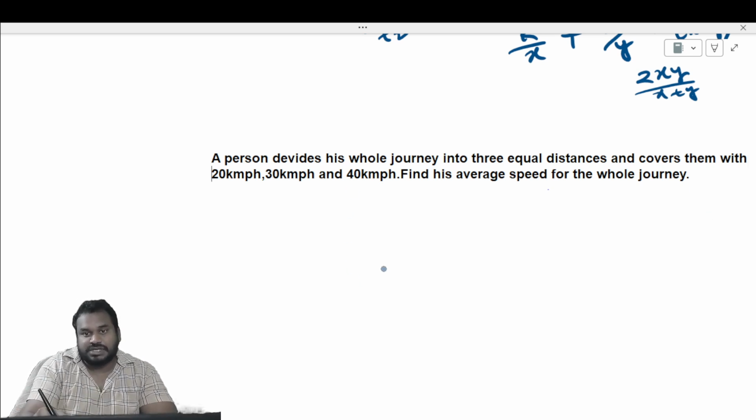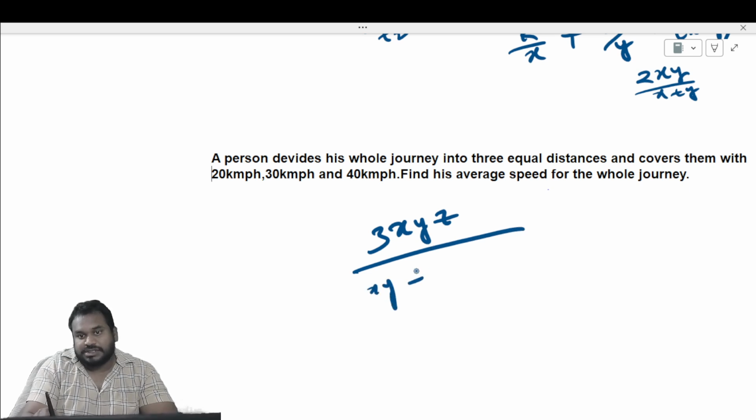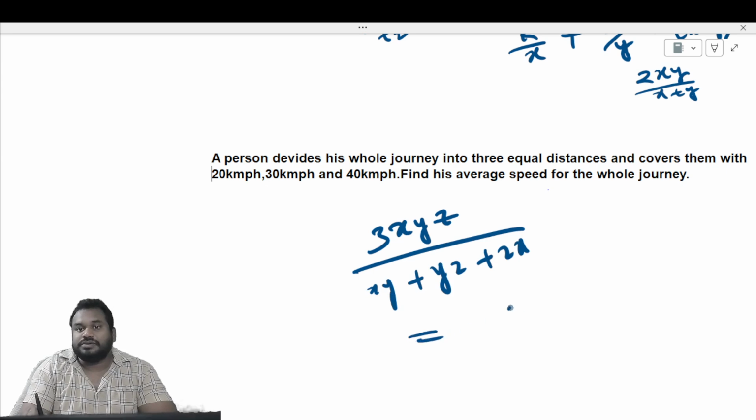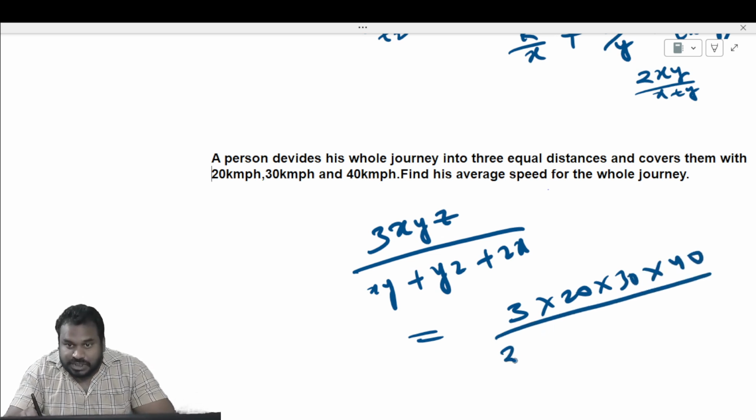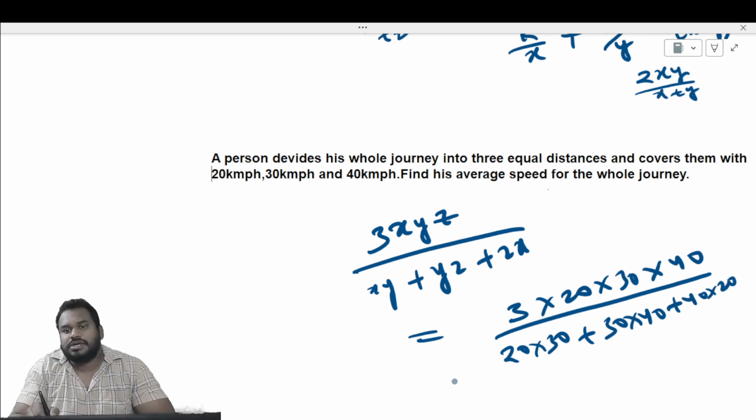For this, there is a formula, that is 3xyz divided by xy plus yz plus zx. So if we use that, 3 into 20 into 30 into 40 divided by 20 into 30 plus 30 into 40 plus 40 into 20. So this is the formula you have to use.